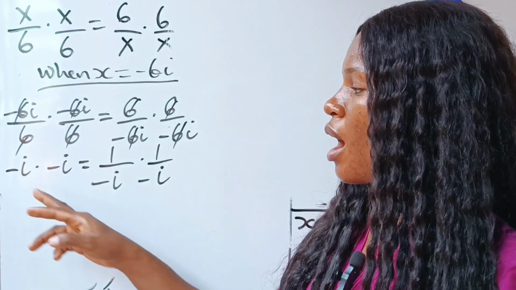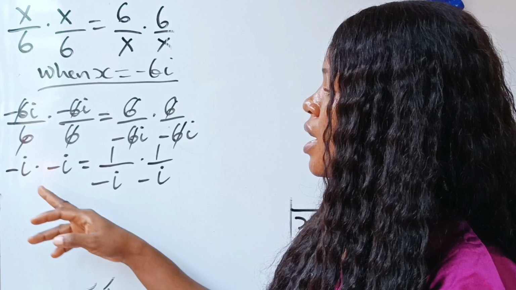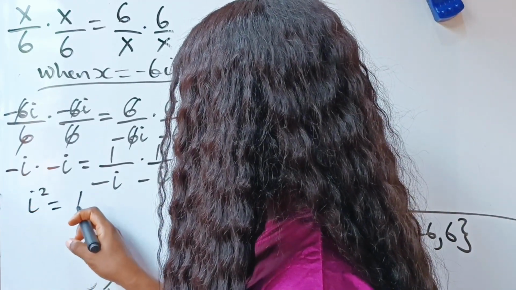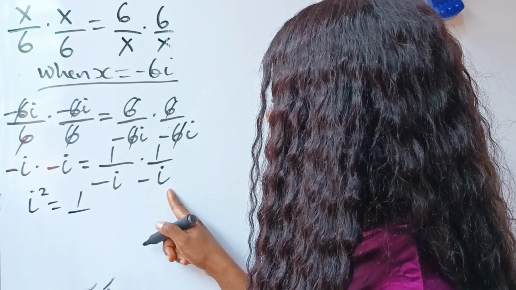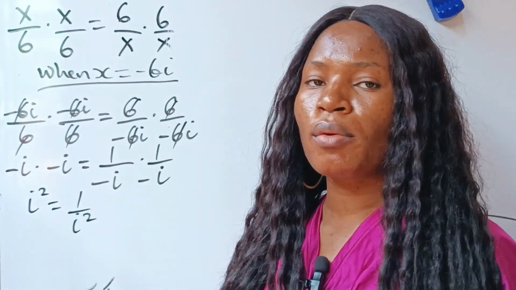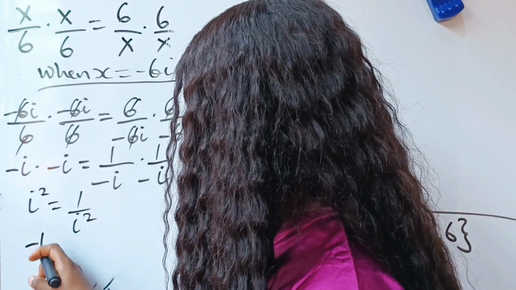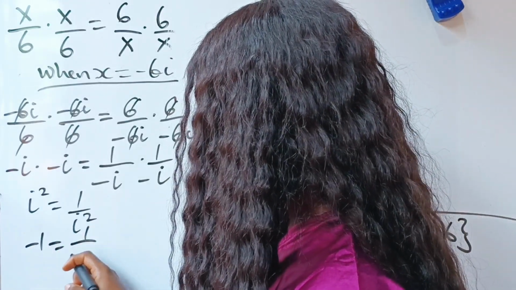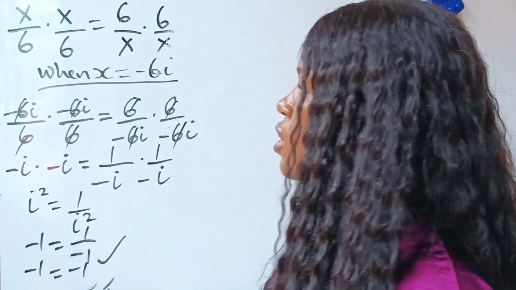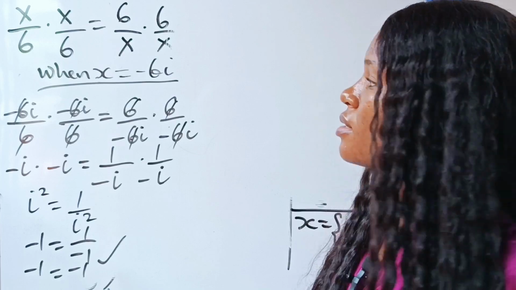Now minus i multiplied by minus i: minus minus is plus, and i multiplied by i is i squared, is equal to 1 over, then this multiplied by this is also i squared. But i squared is equal to minus 1, so we can say minus 1 is equal to 1 over minus 1. That means that minus 1 is equal to minus 1. So this is correct. The left hand side is equal to the right hand side.